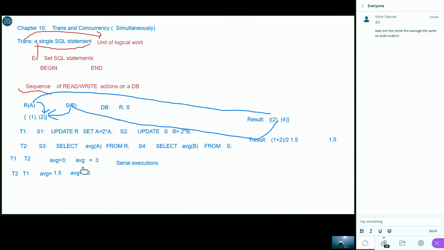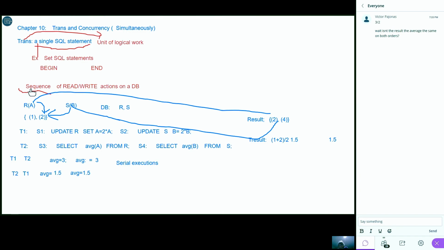Now, the question is, we have to come to the idea of something called a schedule. If you have more than one transaction acting simultaneously, first of all, you must understand that every transaction is made up of a sequence of read, write, state actions or statements, operations you can call them.